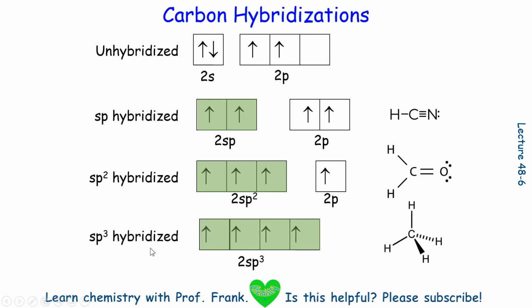Last one, sp3. All of the 4 atomic orbitals are used to form hybridized orbitals. And that's the example we just went through in the previous slide for methane molecule.